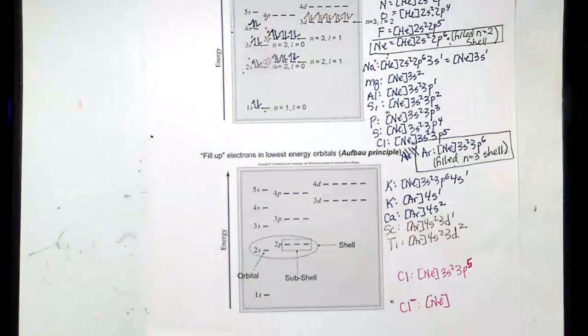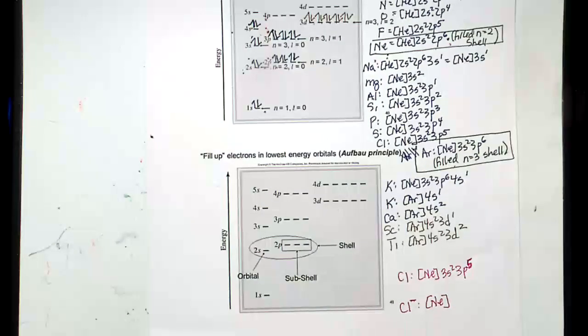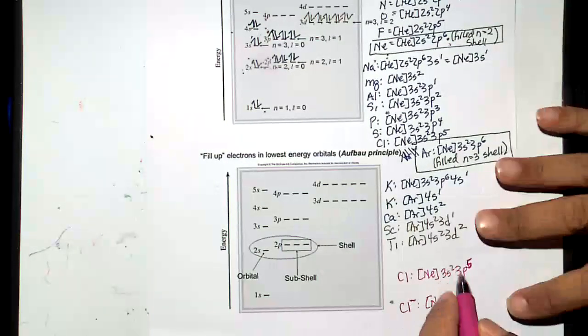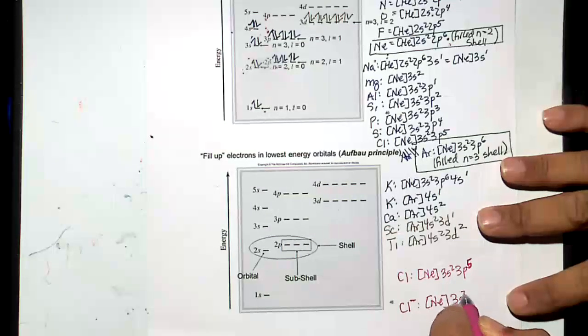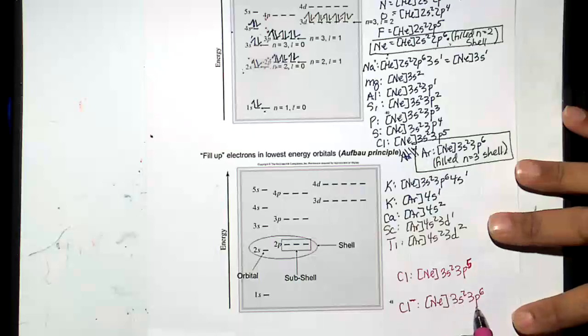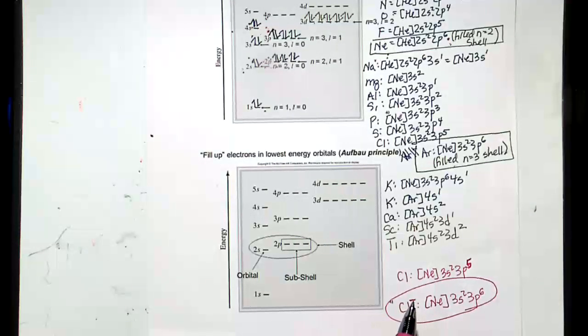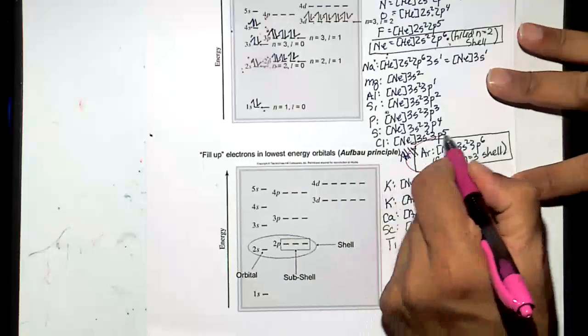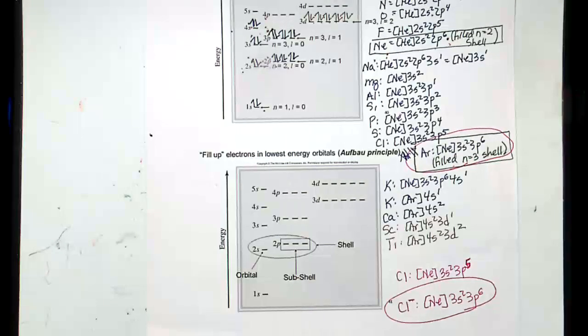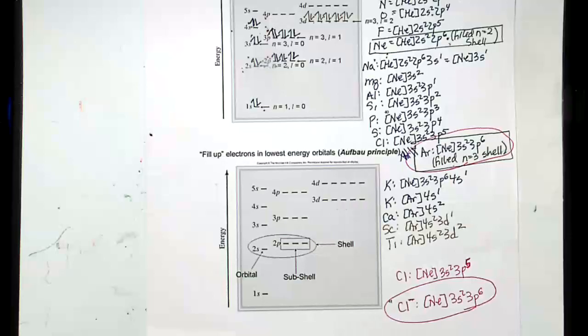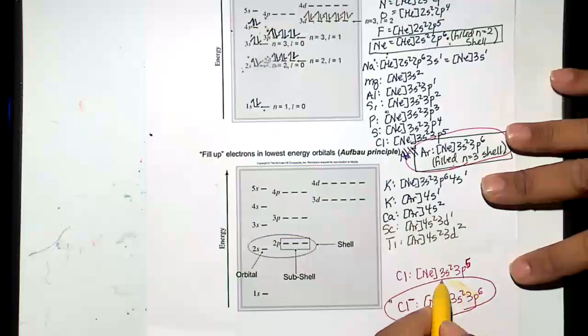It has gained an electron. So what is its configuration? 3s2, 3p6. So what other element is 3s2, 3p6? Argon.